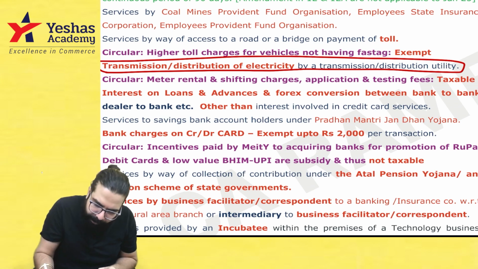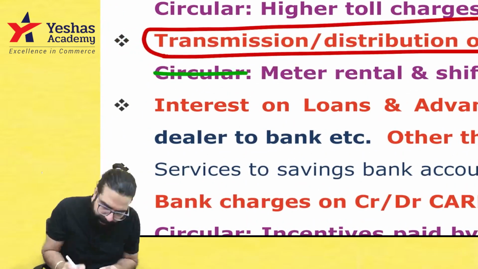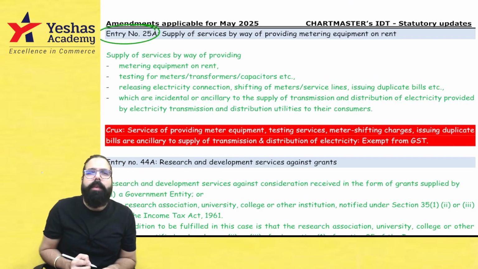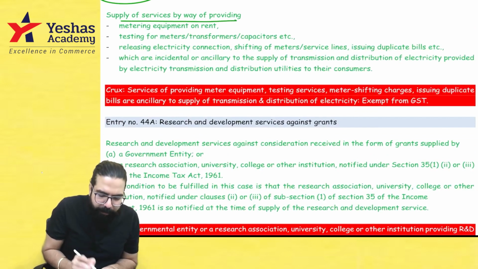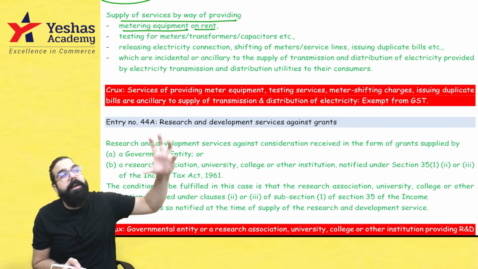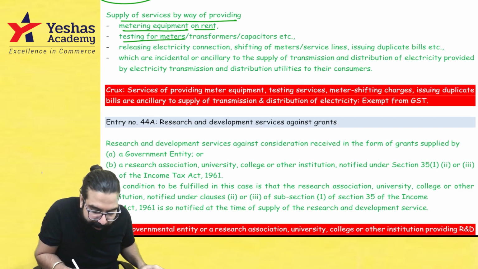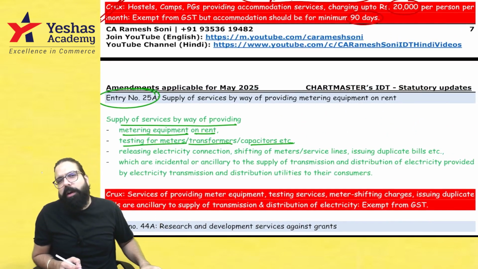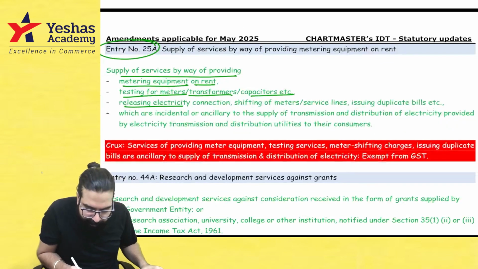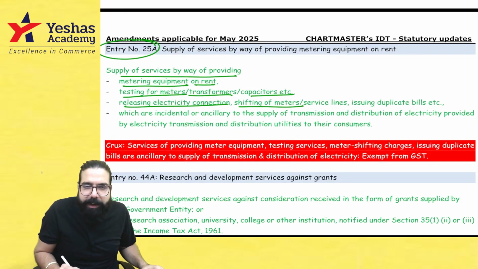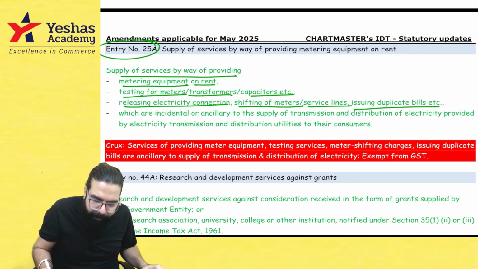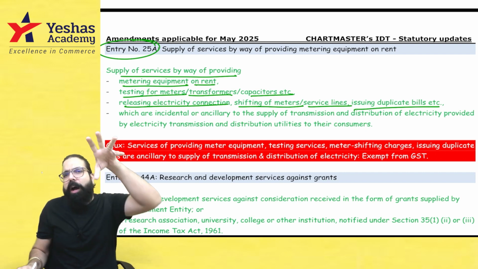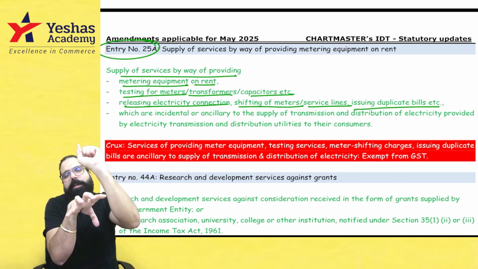Now here, one entry has been inserted, entry number 25A, if I am not wrong, which says that supplying of services by way of providing meter equipment on rent, or testing for meter, transformer, capacitor, if you have called them to test whether your meter is working fine or not, or releasing electricity connection, shifting of meter, service line, issuing duplicate bill, all these other services are provided by the electricity distribution utility along with supplying electricity.